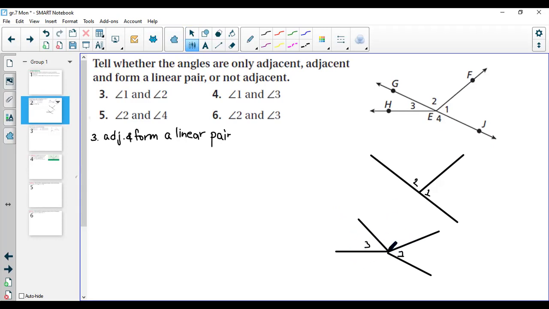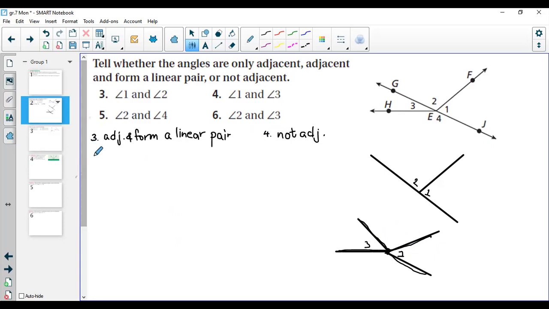Are they adjacent? Are they sharing anywhere one arm? No, they're only sharing the vertex. They're not sharing any common arm because these are the two arms of angle 3 and these are the two arms of angle 1. So they're not sharing anything. So it is not adjacent. Is it linear? Of course not, because both of them don't make a straight angle. So this one is going to be not adjacent.